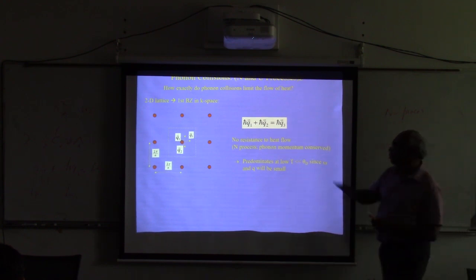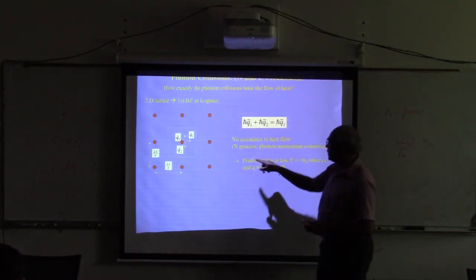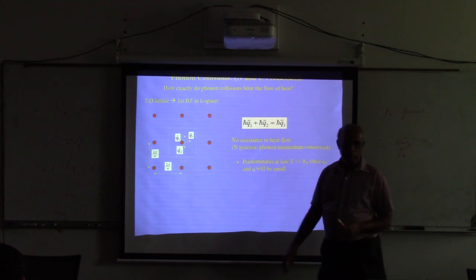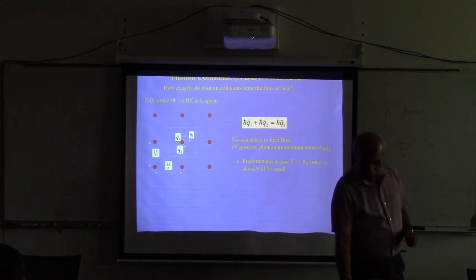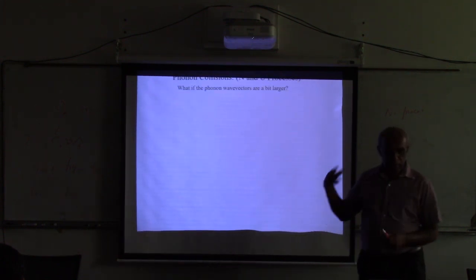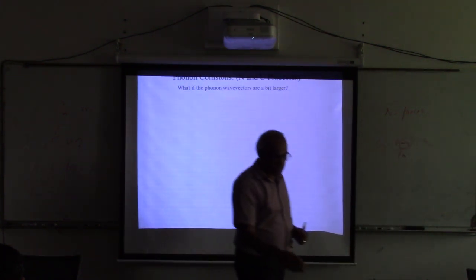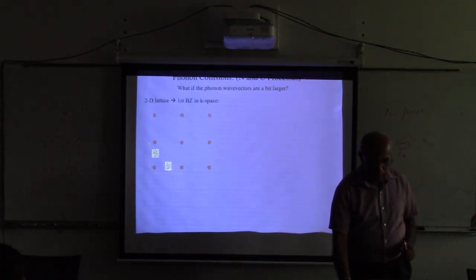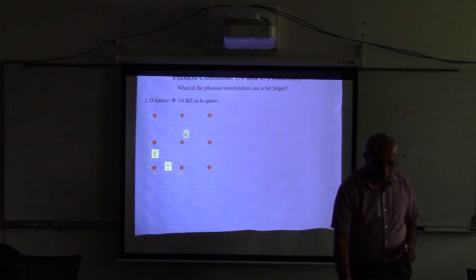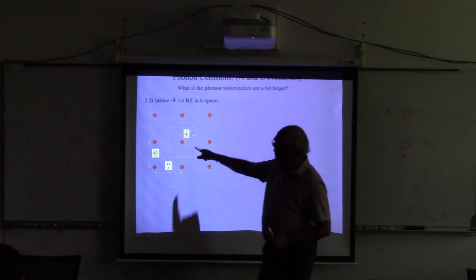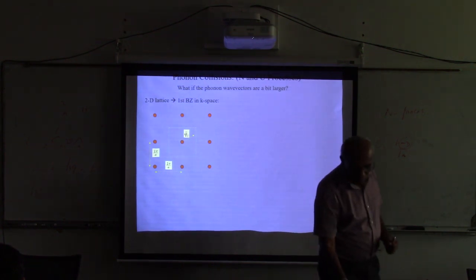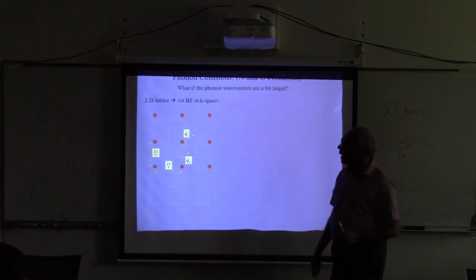So for smaller temperatures, this is the usual process taking place in metals. But if these wave vectors are much larger, suppose I have Q1 like this, and Q2 also large like this, now if you add these two, what will happen?